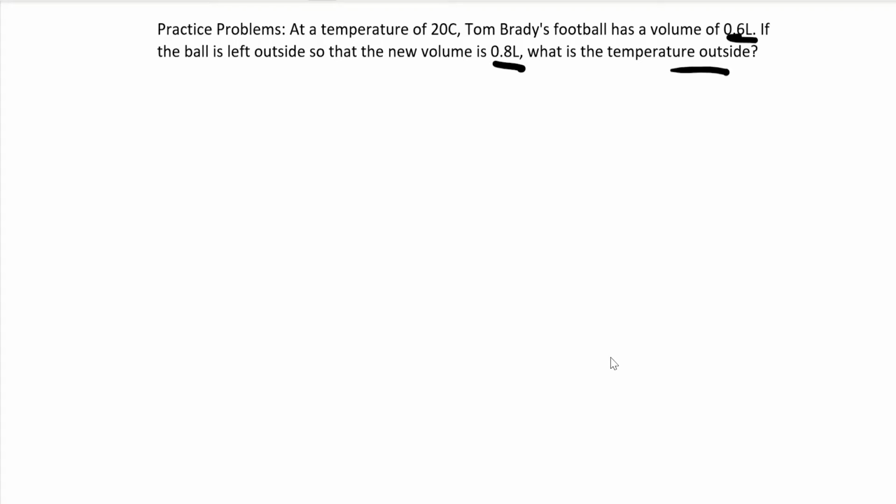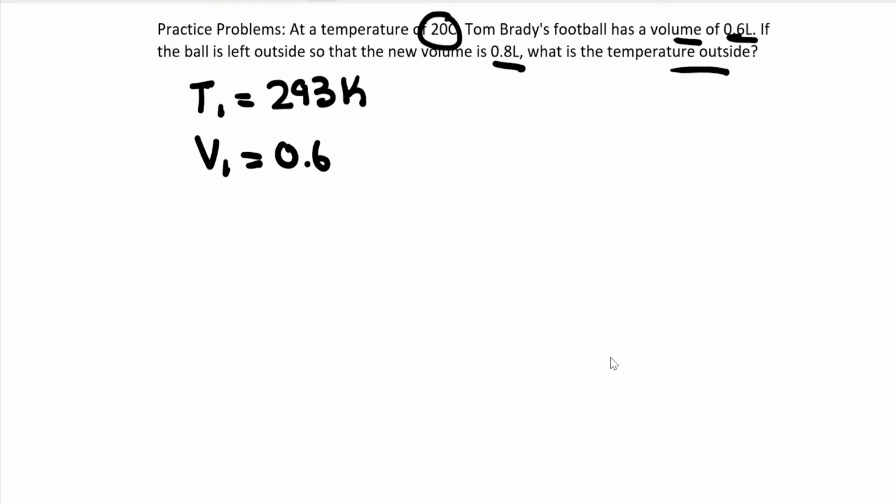First, the initial temperature is 20 degrees Celsius. So T1 is going to equal 20 degrees Celsius, but we need that in kelvins. 20 plus 273 is going to equal 293 kelvins. Then we know that the initial volume V1 is 0.6 liters.